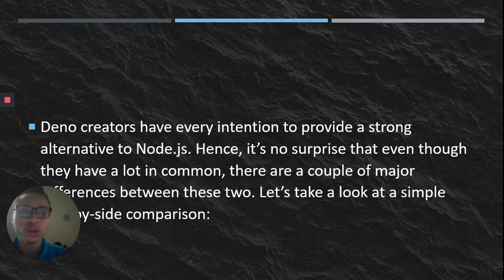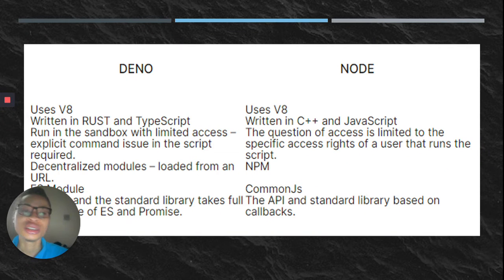So now Deno and Node. Over here you'd see that both of them are based on Google's V8 engine. Take note, I'm not actually talking about vehicle V8 engines. So Deno is written in Rust and TypeScript, while Node is written in C++ and JavaScript.